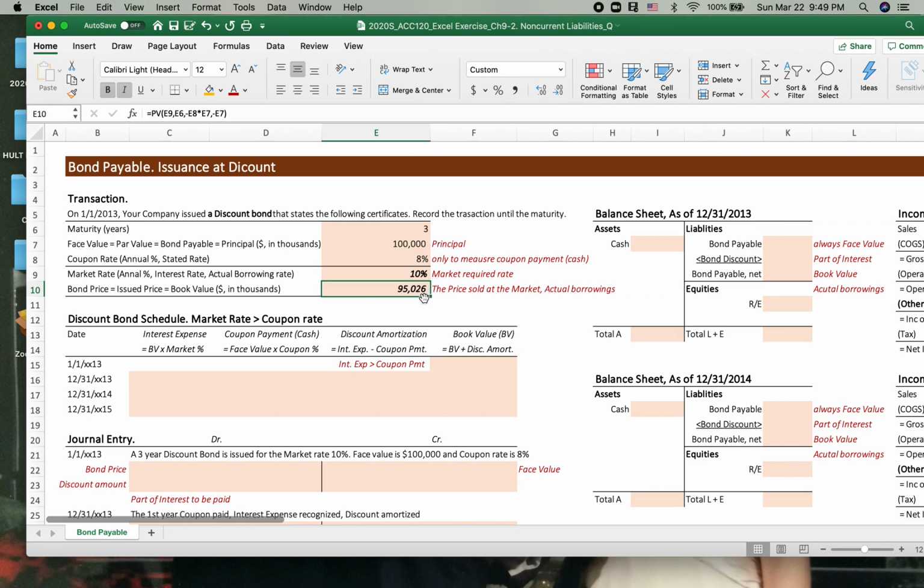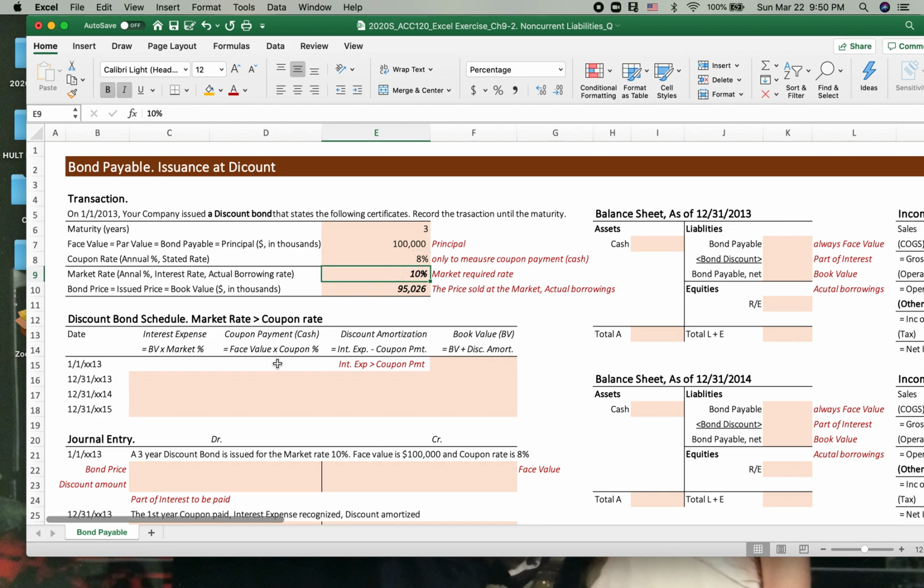At the end of the maturity in 3 years, the bond investors will receive $100,000. Why? They only receive the 8% coupon amount every year. The difference between 10% and 8% should be given to investors. So the difference between $100,000 and $95,000 is the bond discount amount, which is a part of the interest, the difference between these two percentages.